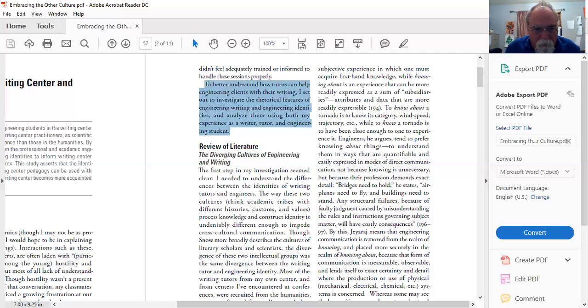With engineering students, he wanted to find out how engineering audiences should be addressed, which is another way to say rhetorical features, and how these students learn to model engineering behavior.